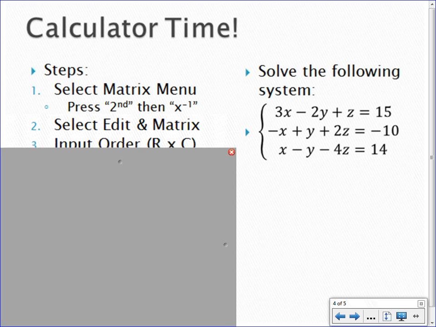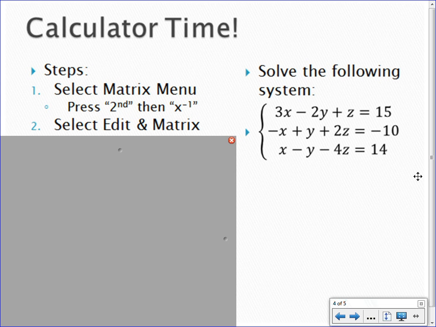Now, we are going to edit our matrix because we want to enter in our augmented matrix. Go to menu. Okay, is everybody editing a matrix?